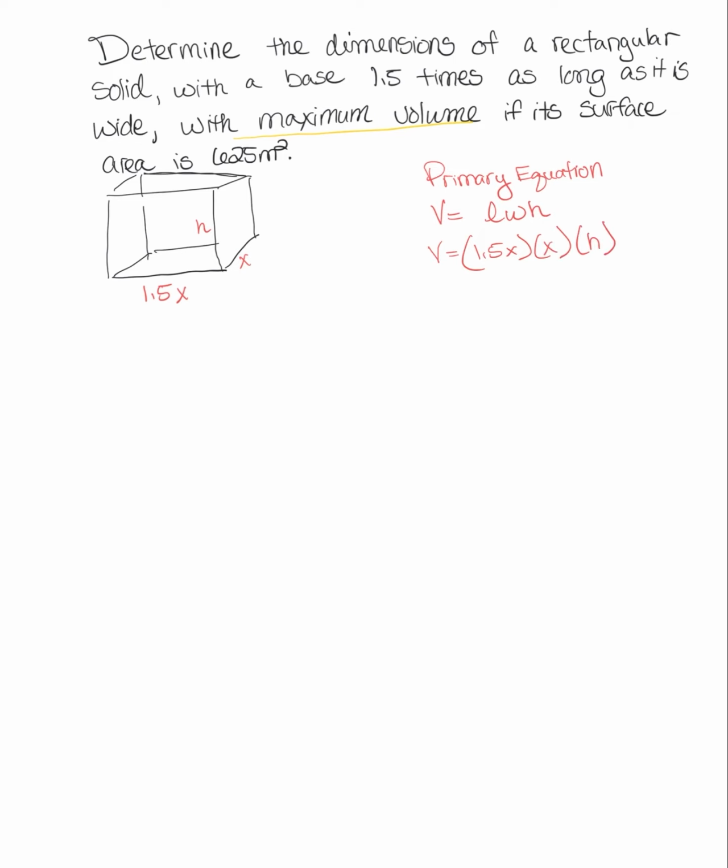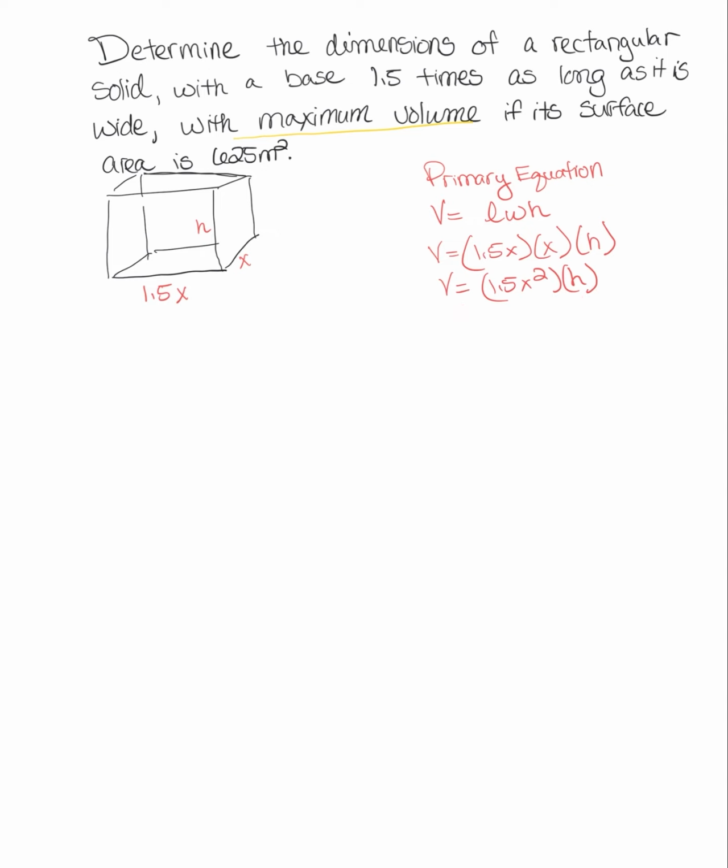Now, again, we find ourselves with two variables, and that's not what we would want here. So we're going to need a different equation that is going to allow us to solve for h, so we can plug it in terms of x and take our derivative.